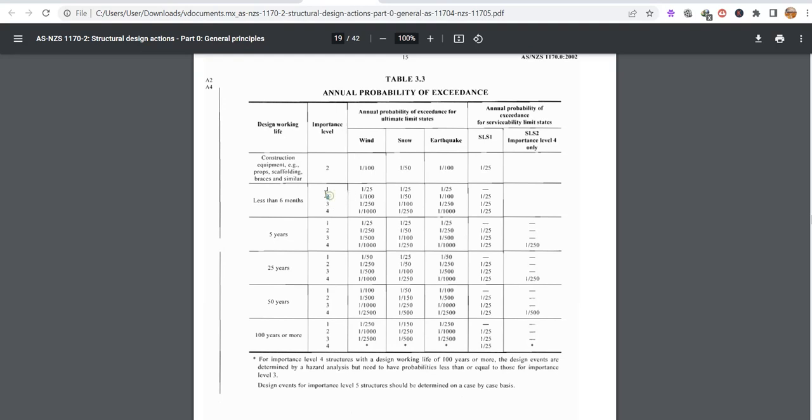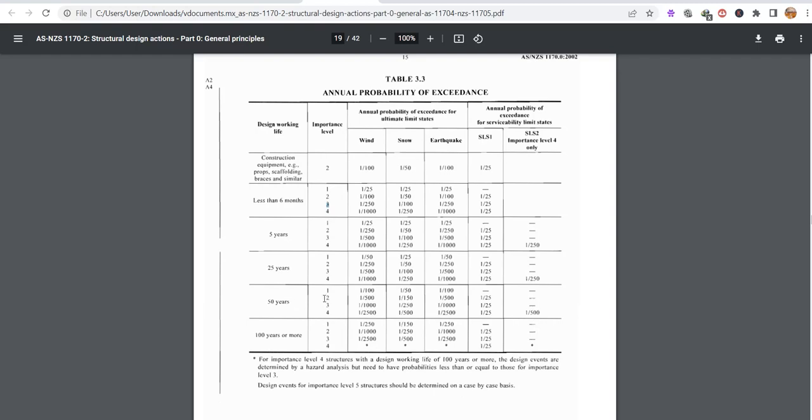In that case, you might go for 2 because people are going to use it. So the risk which is associated with this type of structure is also quite higher. Let's say you are designing a hospital or a 5-star hotel. In that case, you might go for importance level 3. So the higher the importance level, the more it is associated with the type of structure in which people are going to use it.